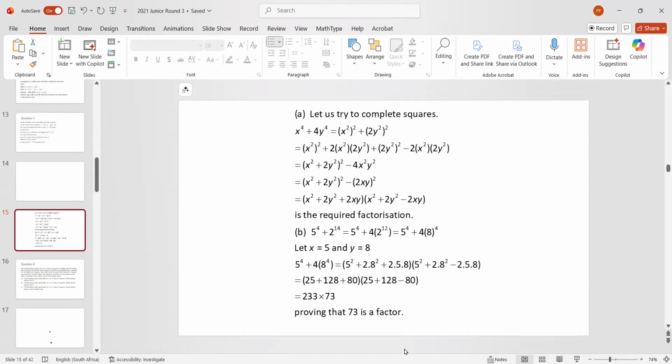Oh, there it is. So I'm just exposing this in case you didn't get what I said. This is factorized, and one of these factors must be equal to 73. I saw that by inspection, I saw that x equals 8, y equals 5. That allows you to prove that 73 is a factor.